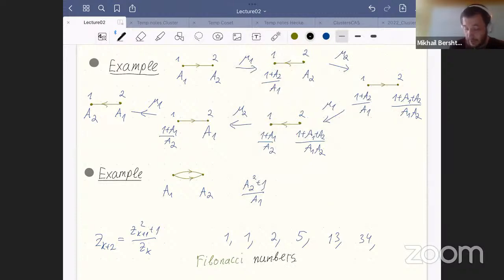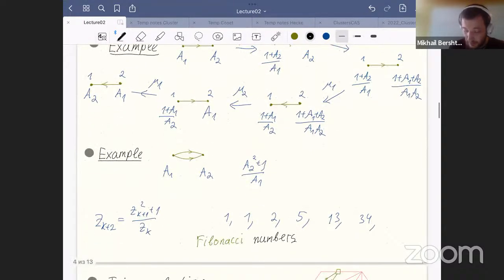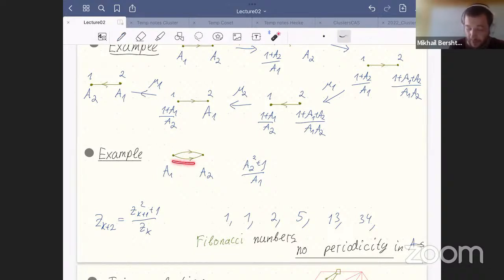In particular, in this case, we have no periodicity in the variables. So the quiver remains the same or just has inverse orientation.